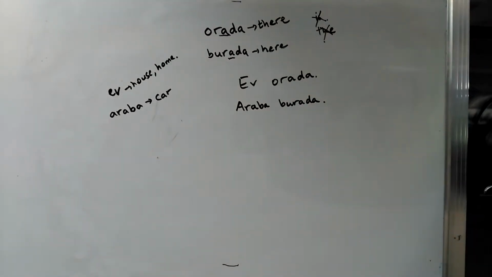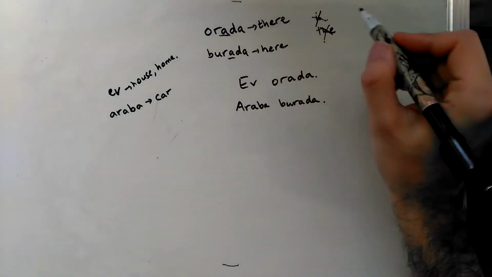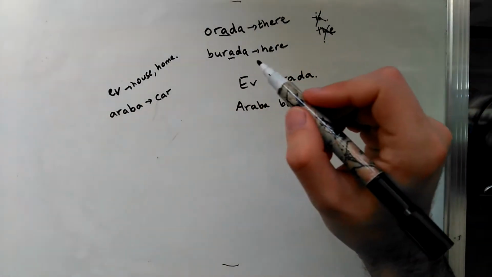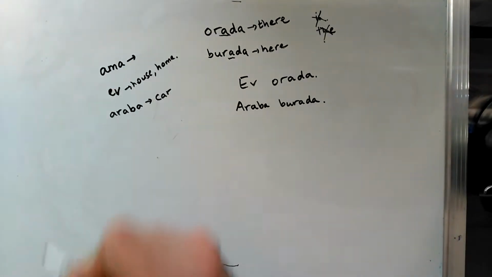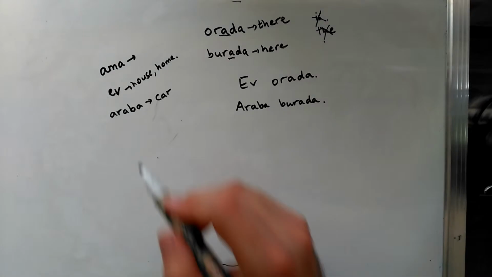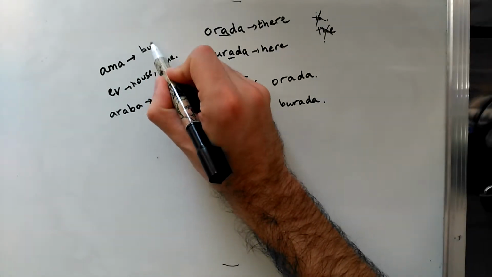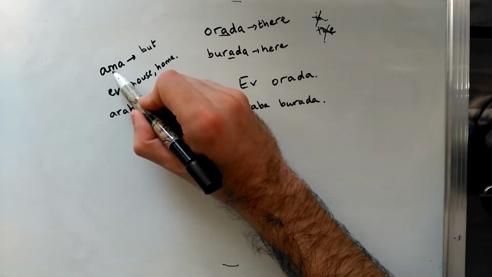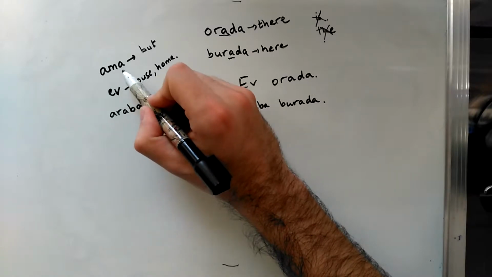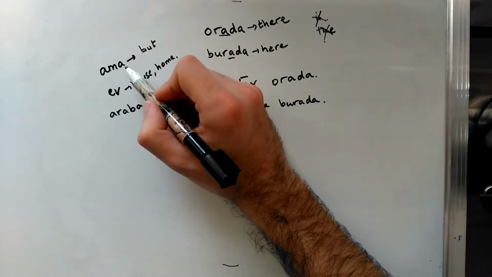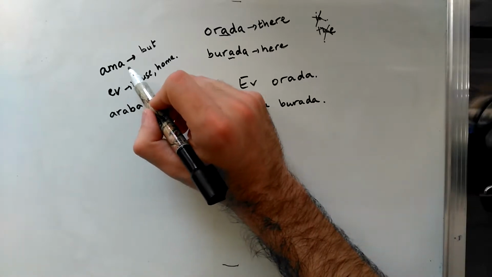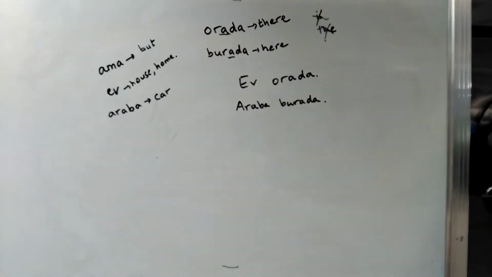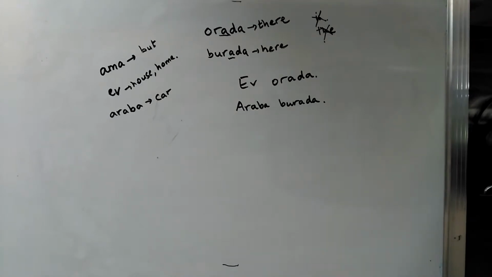We can now learn a conjunction. I'm going to write it here. Ama. Ama means but. It looks a bit like the Greek and the Italian ma. So if you know those languages, they could be useful. Ama means but. So now we can say the house is here, but the car is there.